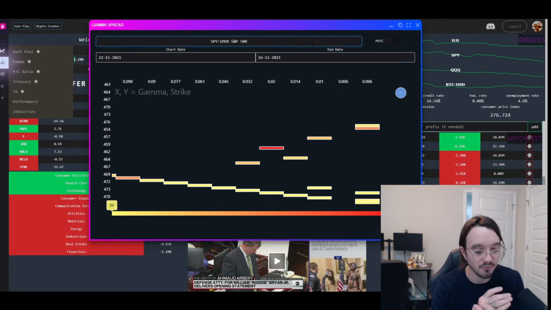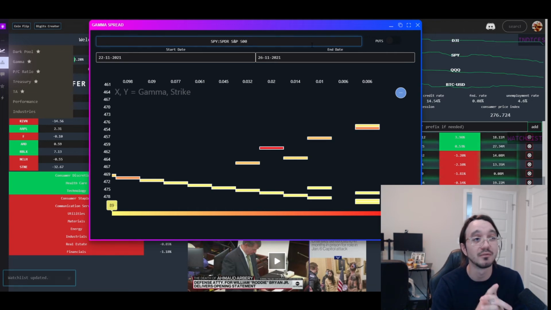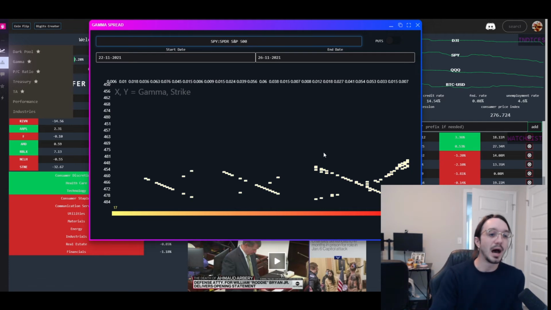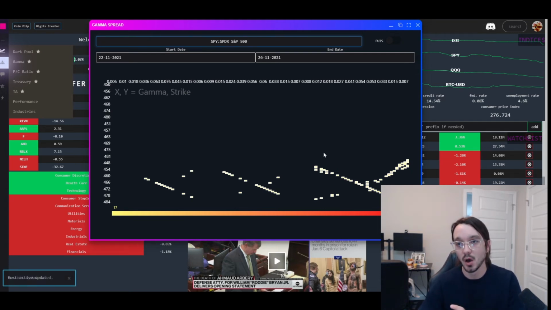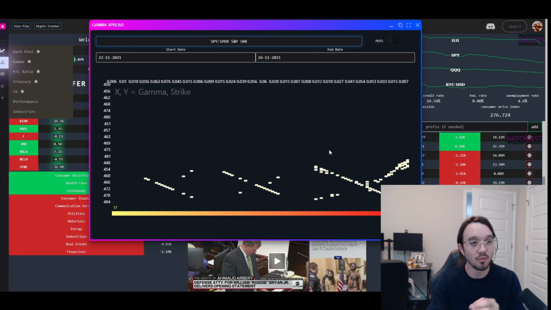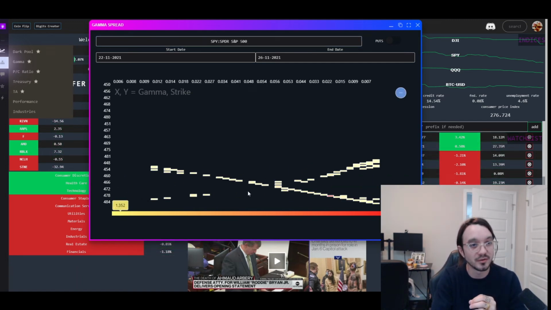So again, we have a call pin on 460, 470, and around the 475 area, if I'm not mistaken. The puts pretty much statically at 460. So calls first. For those who are interested in doing this, what I'm showing you right here is how the volume is spread out tremendously.